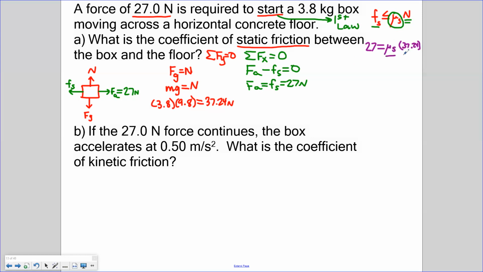All right, so we just got to divide that to the other side. So if we do the math, our mu s is equal to 27 divided by 37.24. That is 0.725.